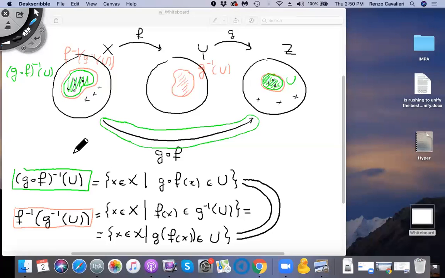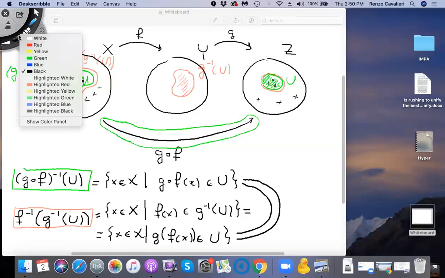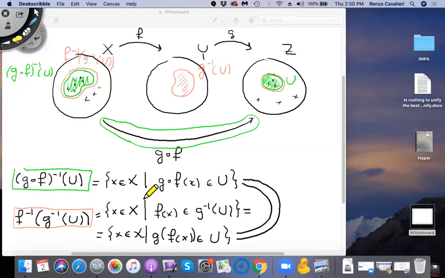Okay, so the way that you prove this equality, right, is just by writing down the definition of what it means to be an element of the inverse image of g composed with f of U, and what it means to be an element of f inverse of g inverse of U. And then you have to sort of manipulate, because this is in two steps, right? The first definition is not quite unraveled completely.